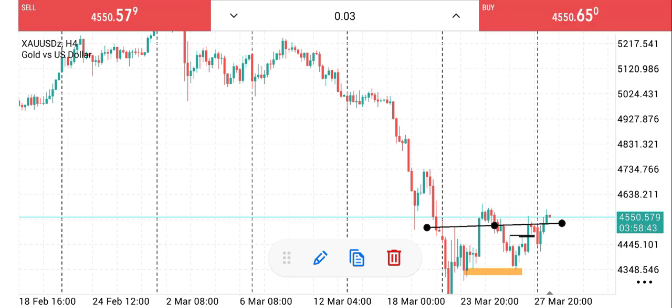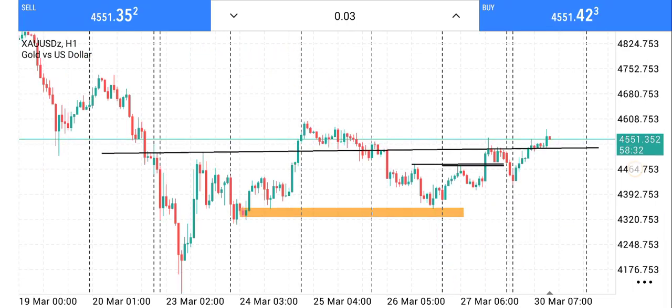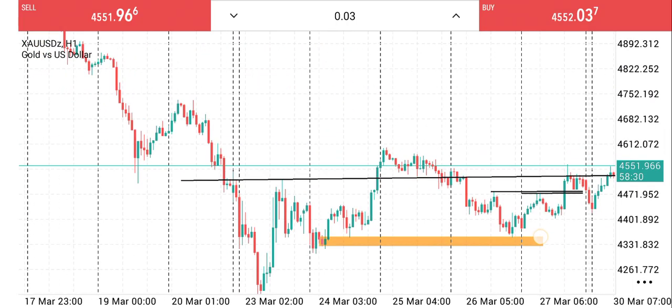So what do I do? I now switch to my lower time frame, the 1-hour time frame, to see the possible entry and to see the chart more clearly. This is my 1-hour time frame now.